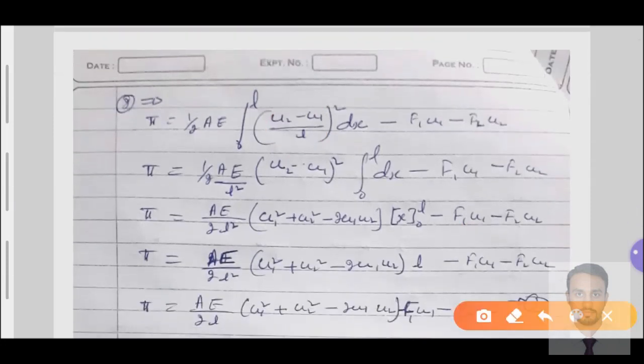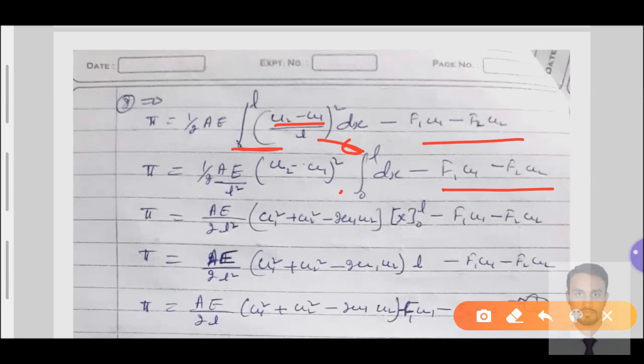Now I will simplify this equation. After substitution, we take L square common, and similarly u2 minus u1 whole square outside the integration. Then the integration yields the integral from 0 to L of dx, which remains as it is.